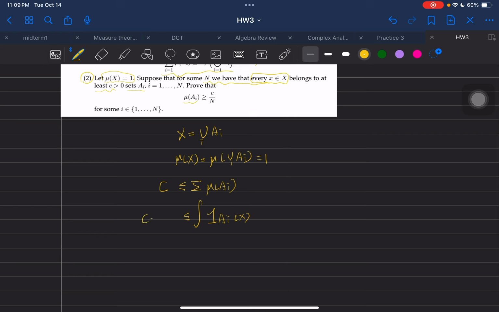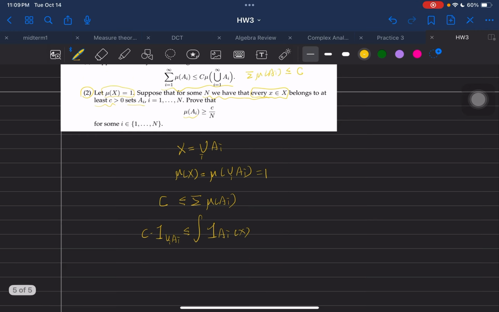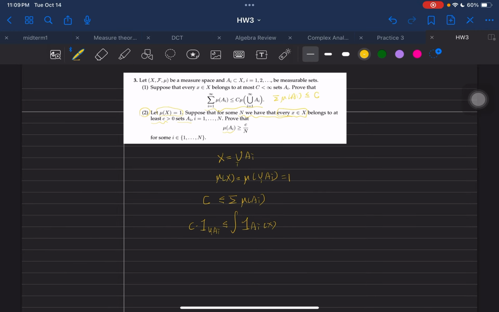And on this side we could write c times the indicator of the union. And basically, if we mimic or imitate what we did in the first part, this part would be super easy. Okay, so suppose we have that. We have this part.